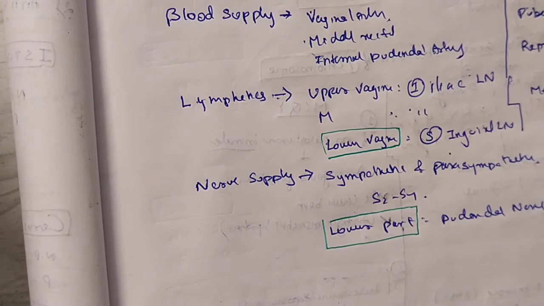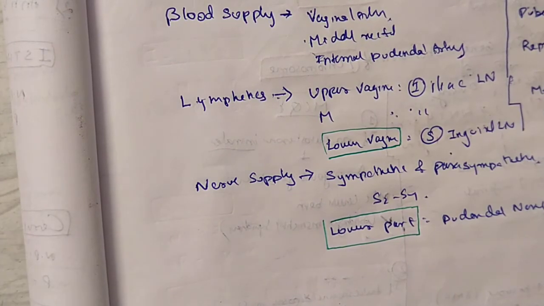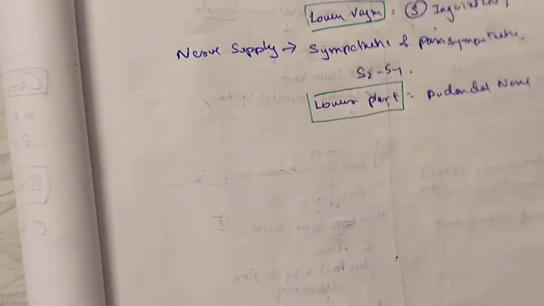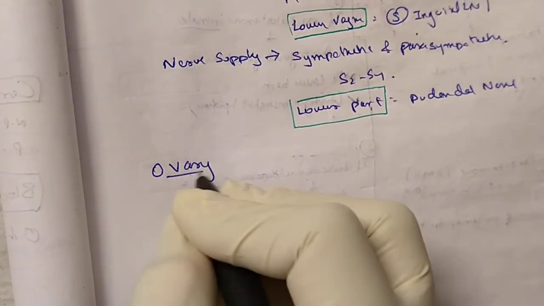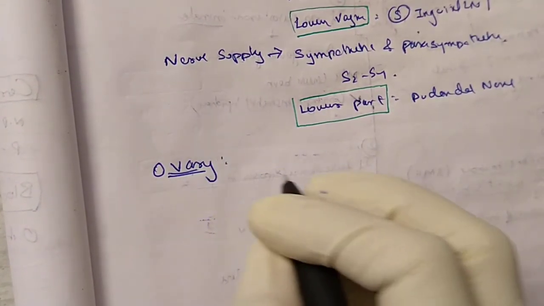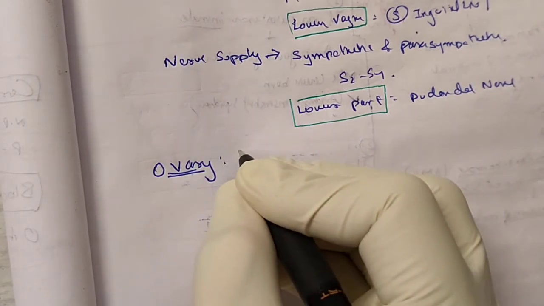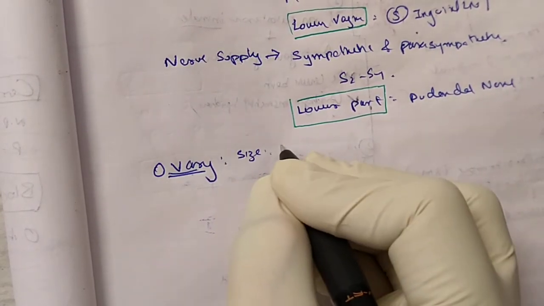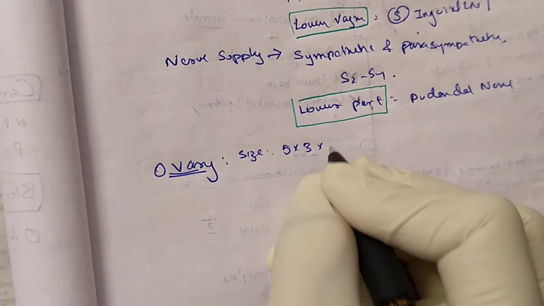Now we'll talk about ovary. Ovary size is 5 into 3 into 3 centimeters.